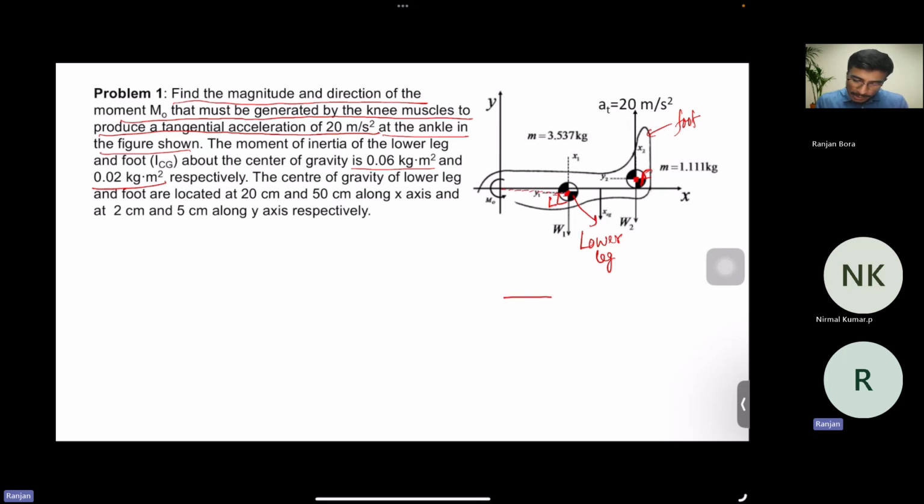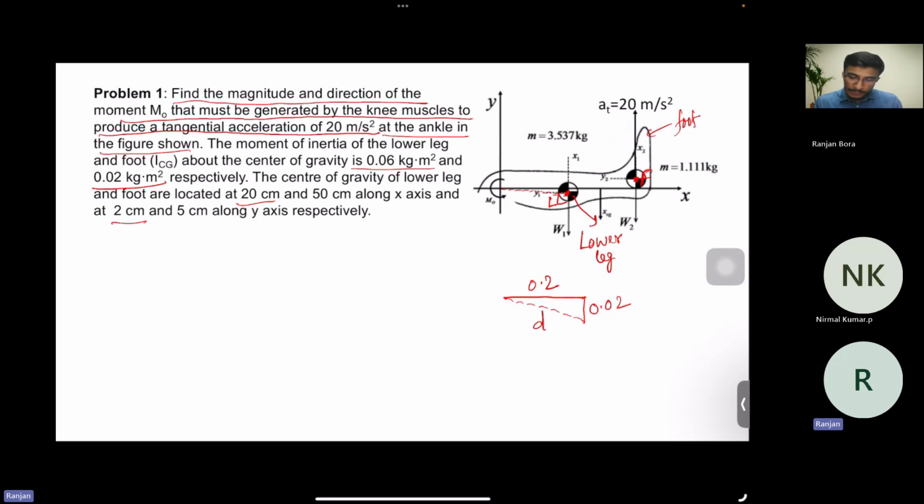So for the lower leg, it is given 20 centimeter along the x-axis. So this is 0.2, I'm writing it in SI units, and 2 centimeter along the y-axis, so it will be 0.02. So what is this distance?